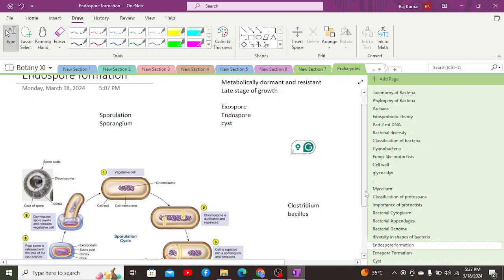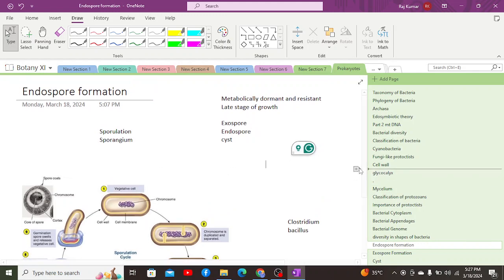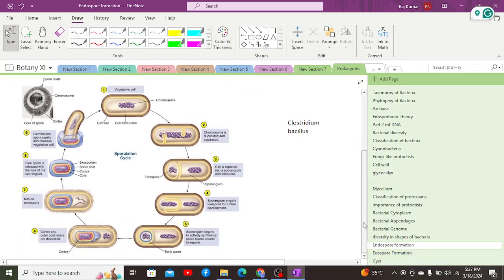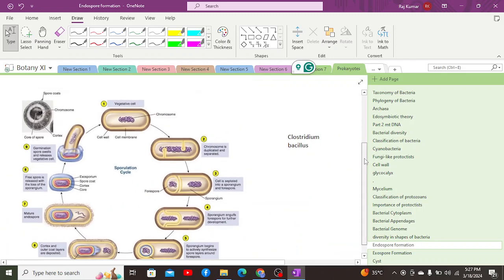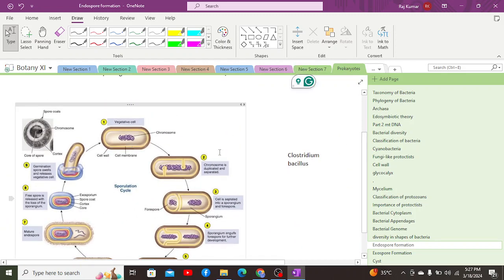A cell which divides itself is known as a vegetative cell. So let's take a look at how the vegetative cell forms an endospore as a sporangium. The first step in the cycle is axial filament formation.